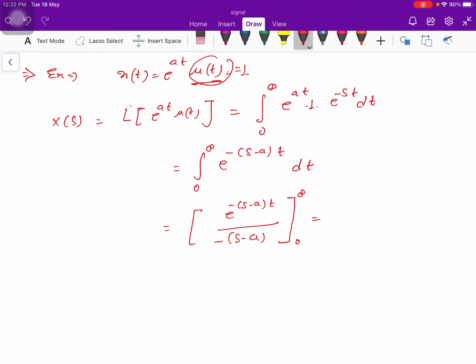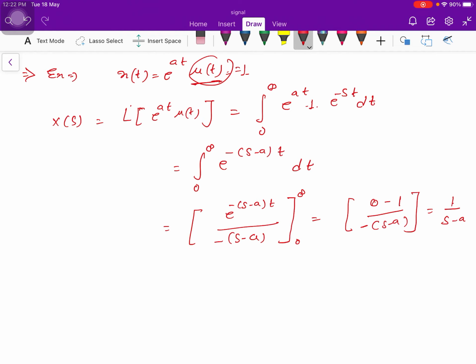Okay. So, when you put e to the power minus infinity, or directly you can write it down, that is 0, minus e to the power 0, that is 1 upon s minus a. Minus minus will cancel out, so that will be 1 upon s minus a.